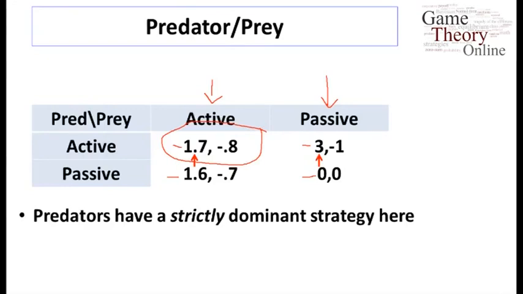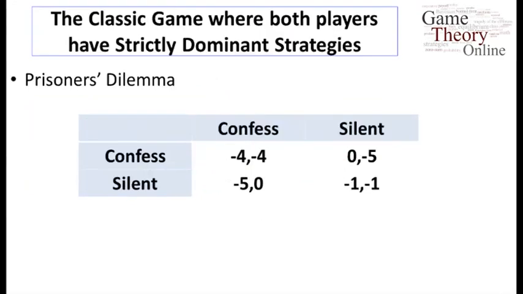Contrast this with the next game, which is perhaps the most famous game in game theory, called Prisoner's Dilemma. The story goes like this. Two prisoners have been captured, and they are given the opportunity to do one of two things. They can each either confess to the crime or deny it and remain silent. If they both remain silent, then they get some moderate punishment of -1.